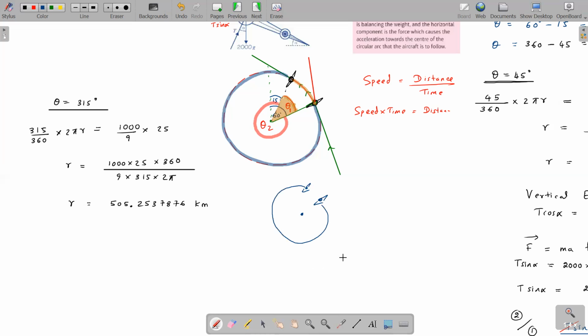But if you were going in the other direction, for the clockwise direction, according to my diagram, the plane needs to have a smaller radius, but anti-clockwise, it can go at a larger radius, because it only has to turn through a small angle.